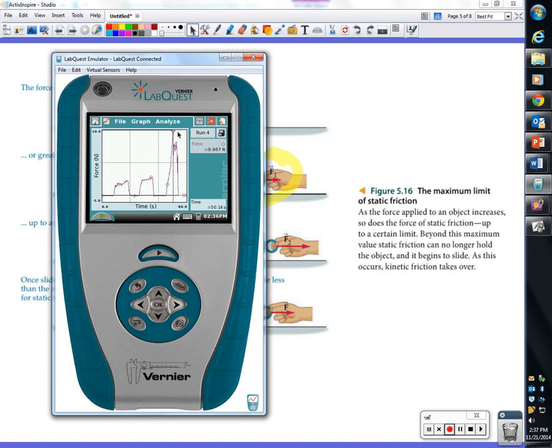That's the value we are most interested in, because if we apply a force greater than the maximum static friction, it can no longer match our applied force, and now we have force greater in one direction than the other direction. And if we have force greater in one direction than the other direction, what happens? It starts moving. It accelerates, right? Okay. That happens. Yes.